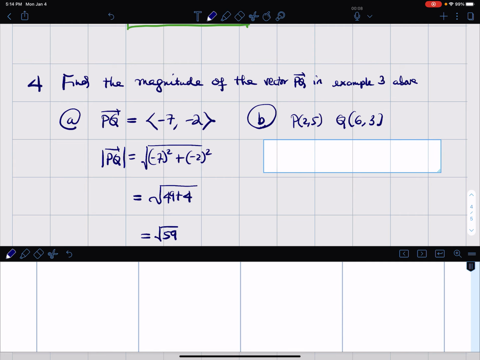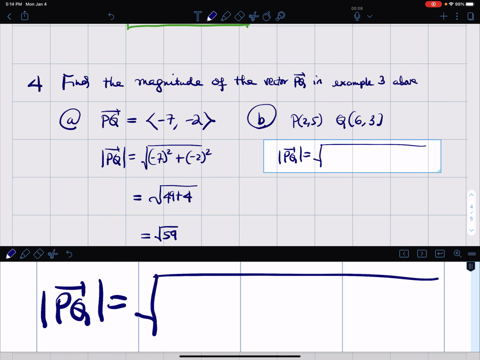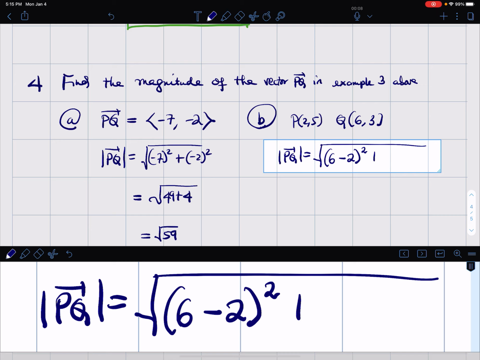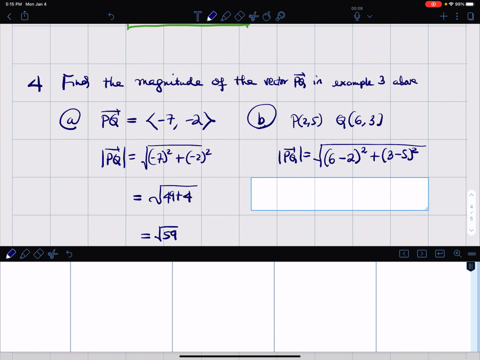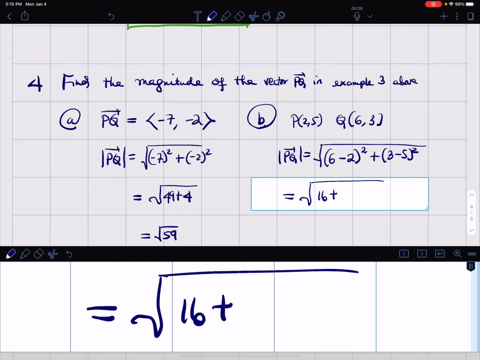All right, so the magnitude of PQ is the square root of x2 minus x1, 6 minus 2 squared, plus 3 minus 5 squared. Okay, so this is going to give us the square root of 4 squared, which is 16, plus -2 squared, which is 4.